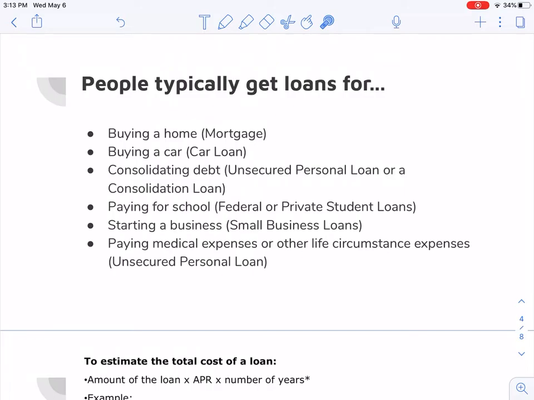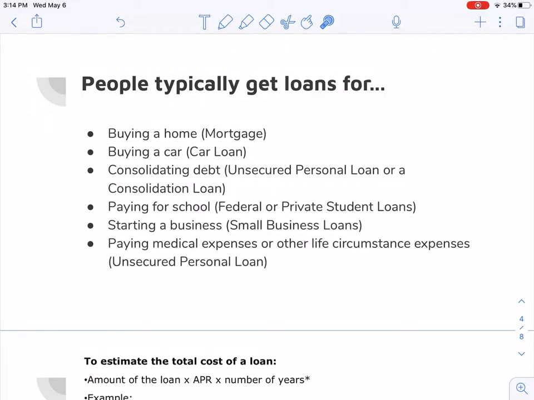The other is private student loans, and that would be taken out maybe through a bank or a private lender. Another would be starting a business, like using a small business loan, and paying medical expenses or other life circumstance expenses through an unsecured personal loan.